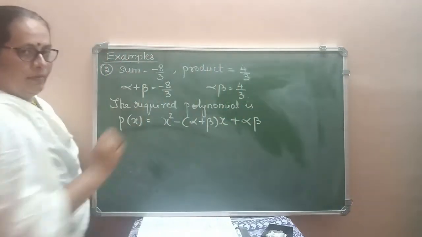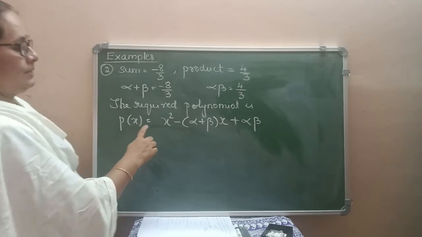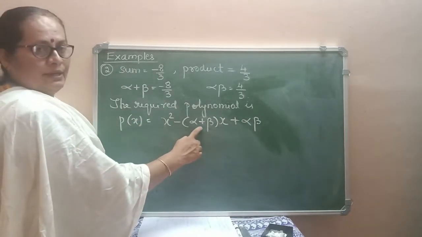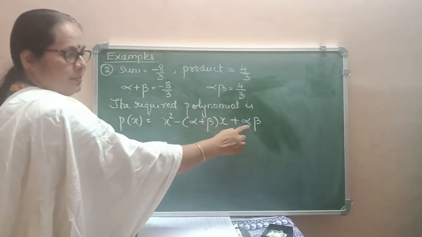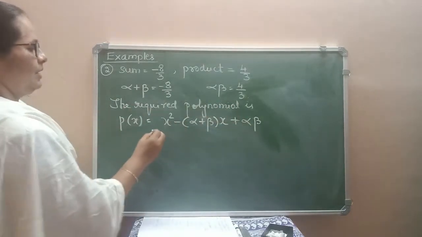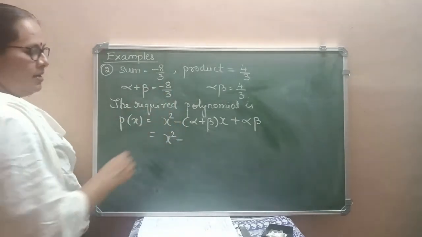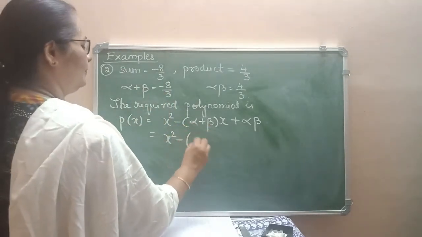So the required polynomial is always in this form, x square minus sum of the zeros into x plus product of the zeros. So x square. What is the sum of the zeros here? Minus 8 by 3.